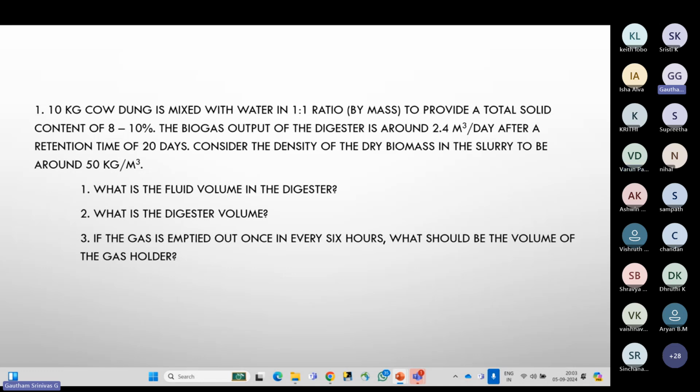You know the digester volume, right? In 20 days, it's producing 8 meter cube. So that can be your production in a day. Even if you consider 0.4 meter cube, you'll still get 8 meter cube.